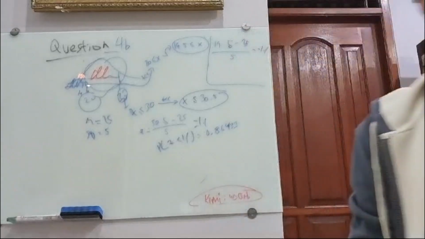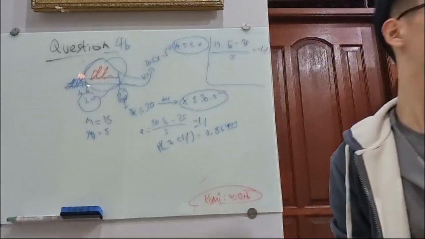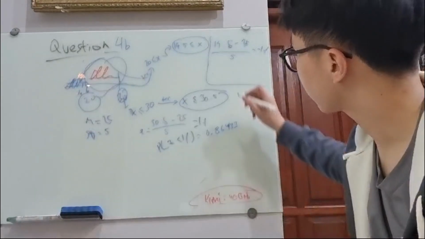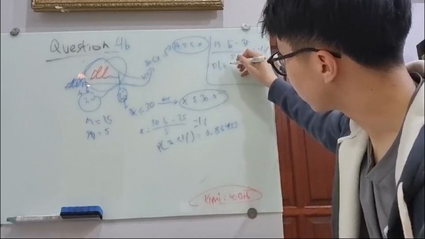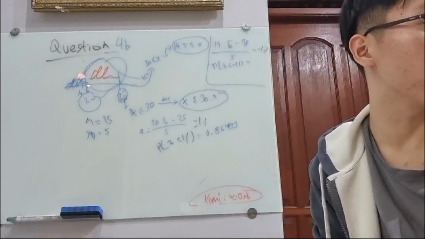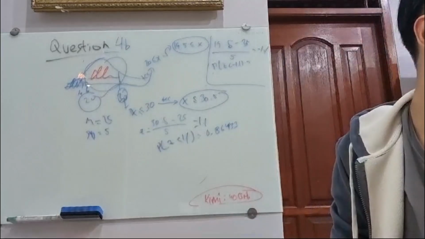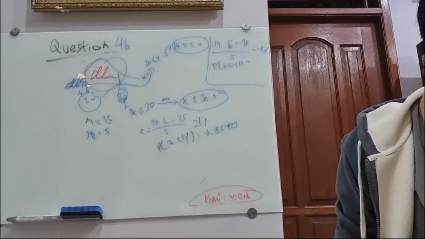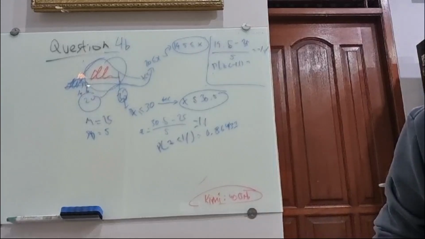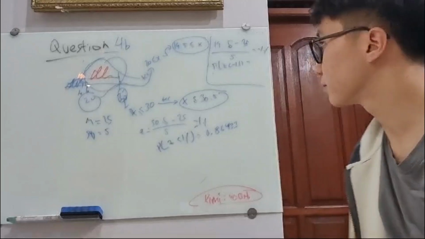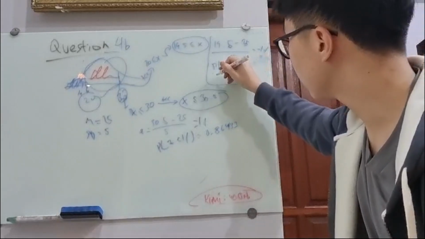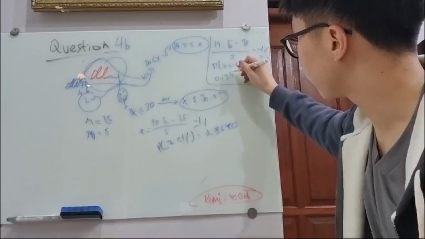This is our new z value, negative 1.1, and we just need to input it into the calculator, z less than or equal to negative 1.1, and we get a probability of 0.1357.